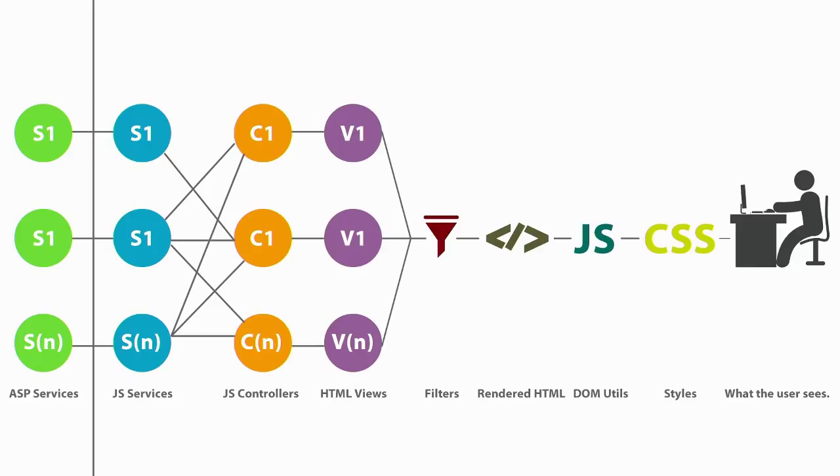After that, once the views have rendered their filters, and I'll go into those a little bit, but basically filters are ways of taking raw data and changing it into something that's more useful, which then has the rendered DOM.